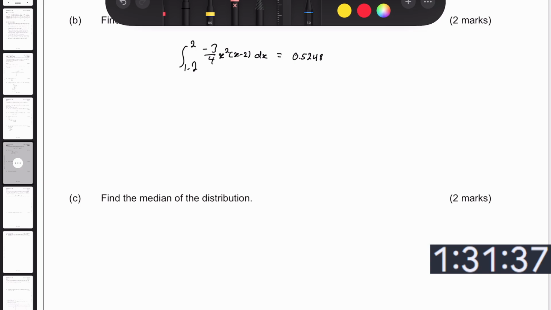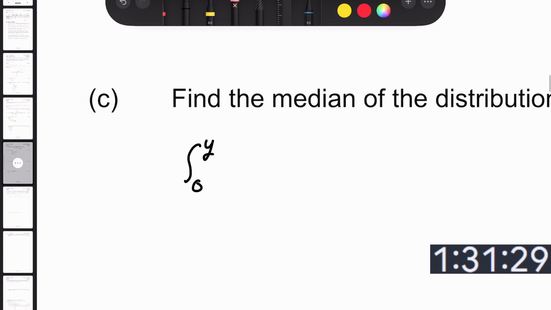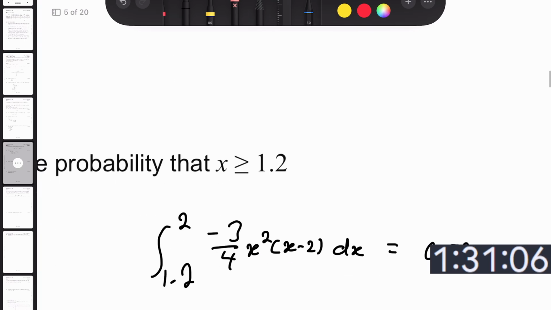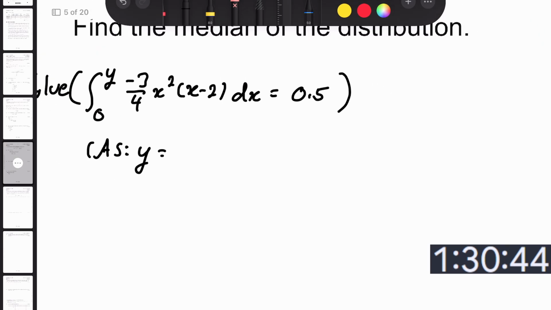Find the median of the distribution. So I'm going to need to do the integral from 0 to y of negative 3 on 4 times x squared (x minus 2) dx. The median is the halfway point. So the probability below it is 0.5, and above it is 0.5. I should show that I'm solving all of these, so this will be a solve as well. In CAS, solve the integral from 0 to y of negative 3 over 4 x squared (x minus 2) dx equal to 0.5, comma y.